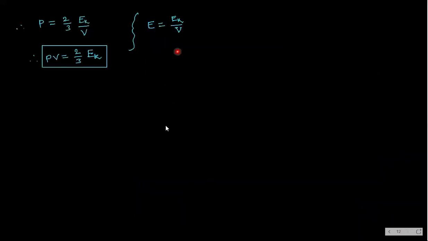Now see here, this P is equal to 2 by 3 capital E we had before. Now I am replacing this capital E with Ek by V. Ek is just kinetic energy, and that's why PV is equal to 2 by 3 Ek. That is what? Total energy we can see. Okay, so this is the relation between pressure and kinetic energy.